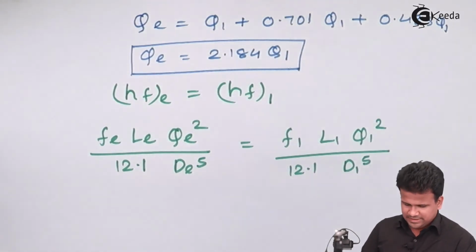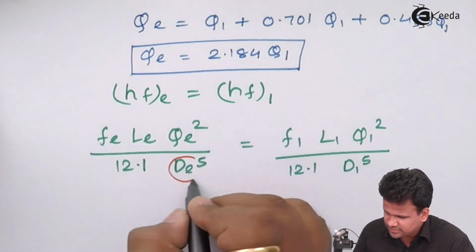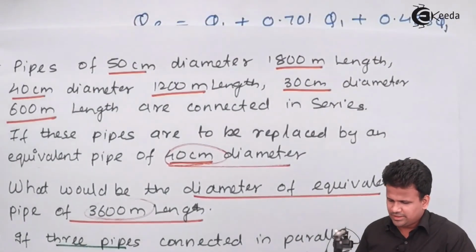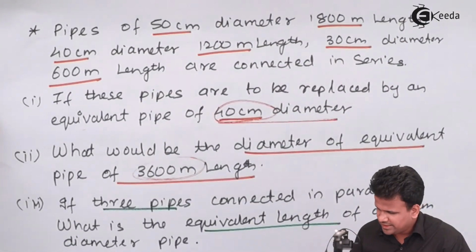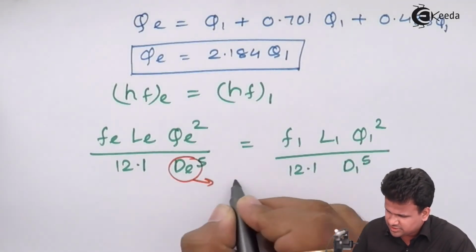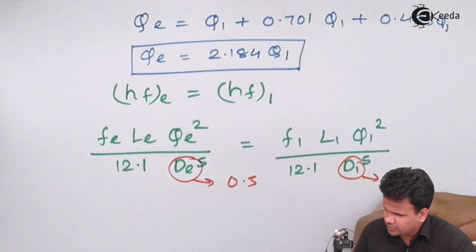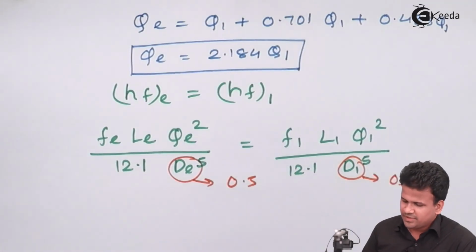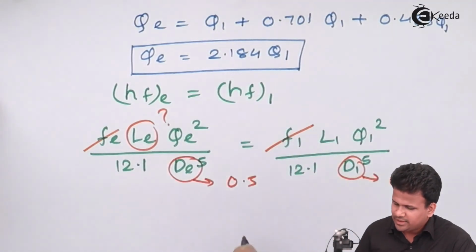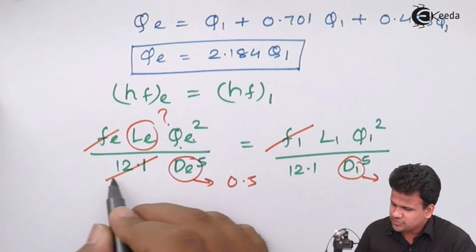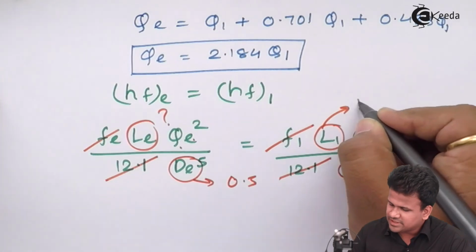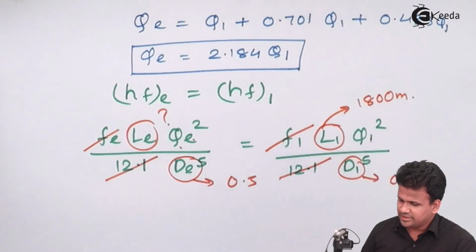Let us see what is given in the question. The equivalent diameter is specified as 50 centimeters, so that is 0.5 meters. D1 is also 0.5 meters according to our data. We have to calculate the length considering these two are the same. 12.1 and 12.1 will get cancelled, and the value of L1 is given as 1800 meters.